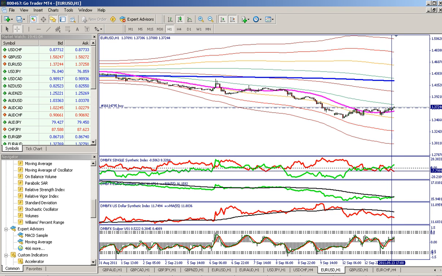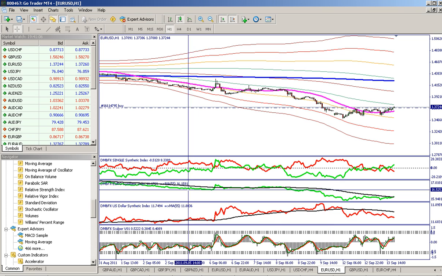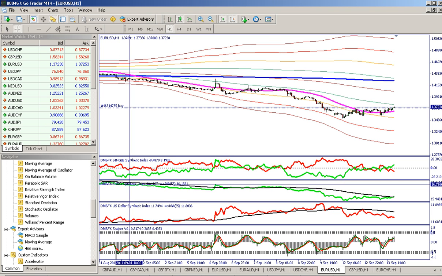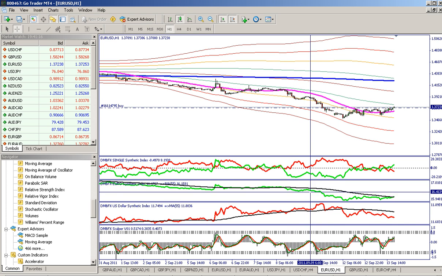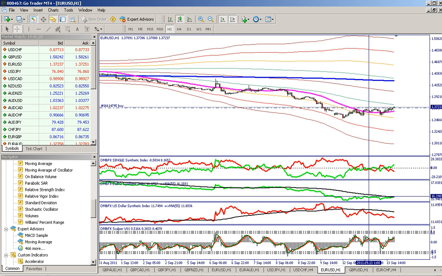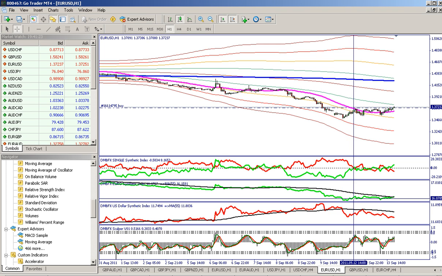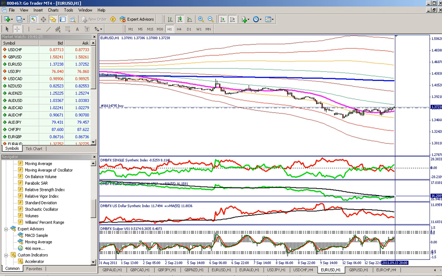If we have a closer look at this, underneath it here, for an example, you'll see that the euro has been trending down from the long-term moving average, which is the black line here, and is slowly but surely tilting upwards.